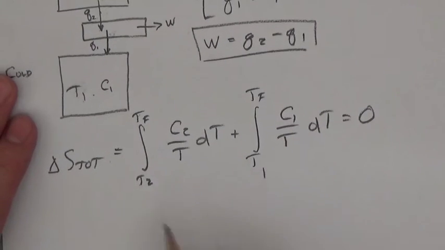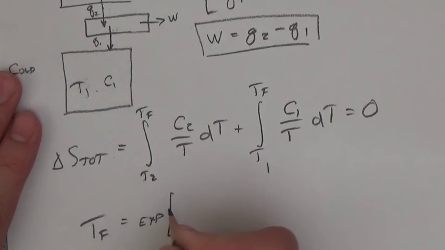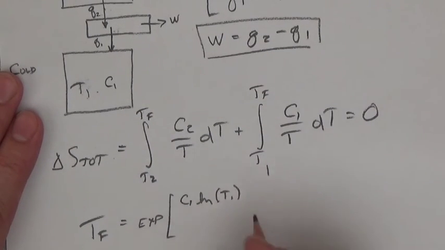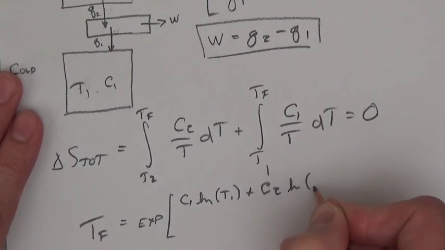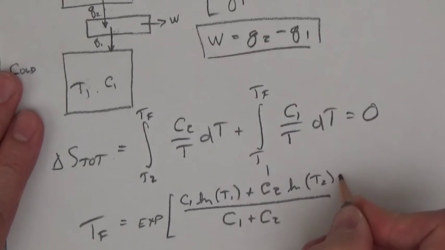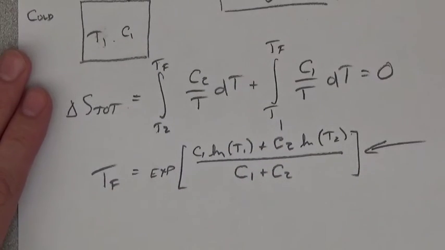And if you do that, then you wind up finding TF is equal to exp of C1 natural log T1 plus C2 natural log T2, divided by C1 plus C2. So this is the equilibrium temperature.